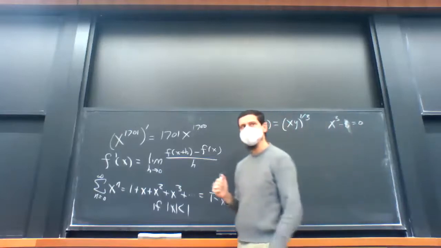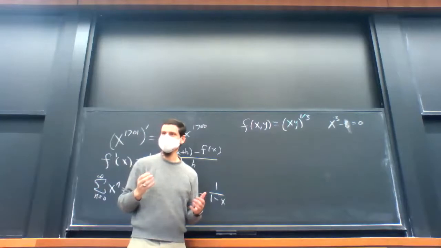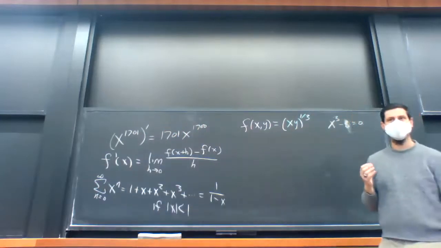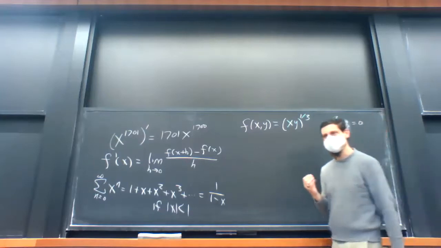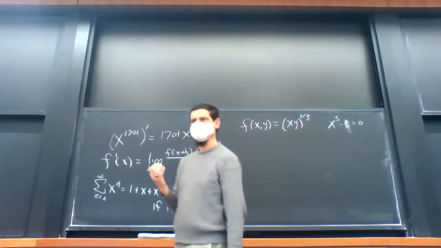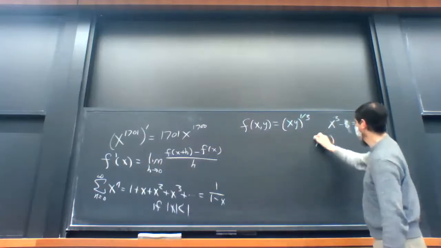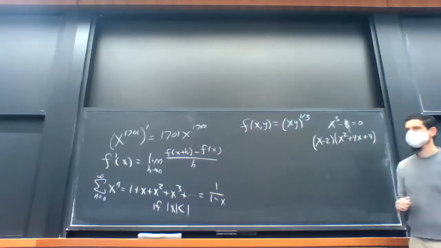You might remember, you may have repressed the memories, polynomial division from algebra. Do you know the method of divine inspiration? The way the method of divine inspiration works is you just write down the answer. And so I feel divinely inspired, and let me guess that it's x squared plus 2x plus 4.